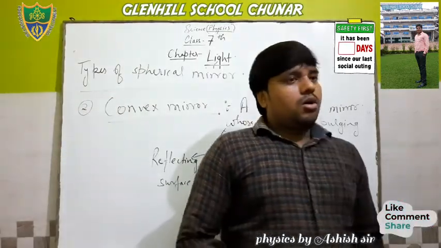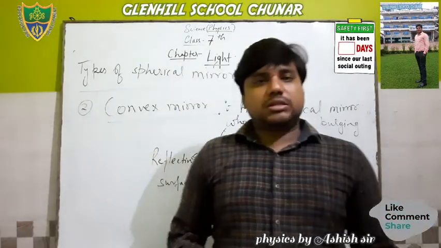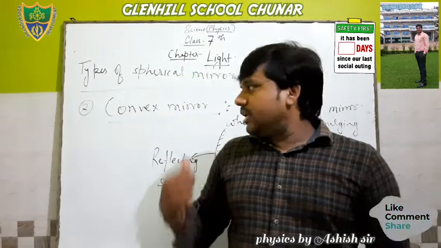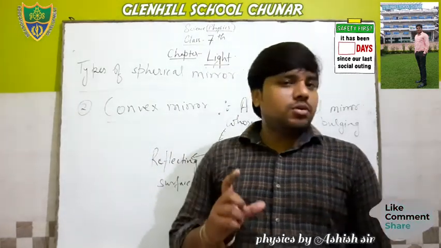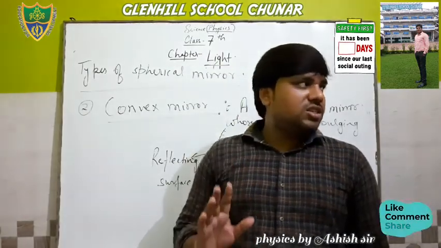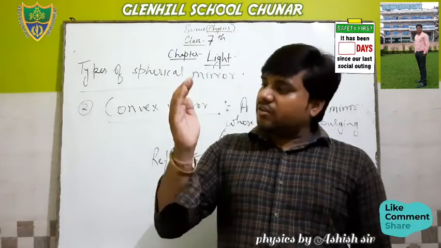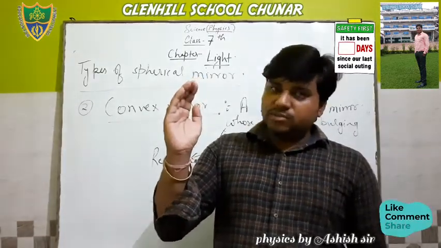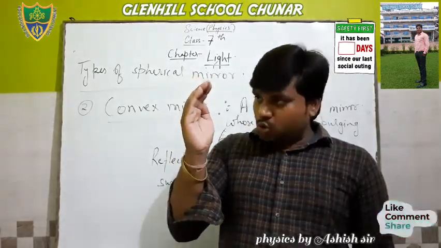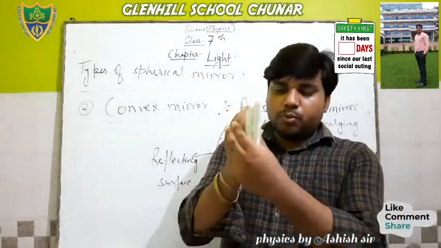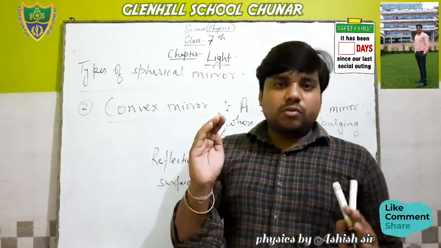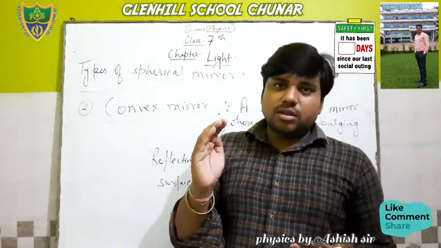So, some examples of the concave and convex mirror is what? In your home there is a spoon. In a spoon, the surface of that, the shape of the spoon is like this. In a spoon both sides act as a reflecting surface.